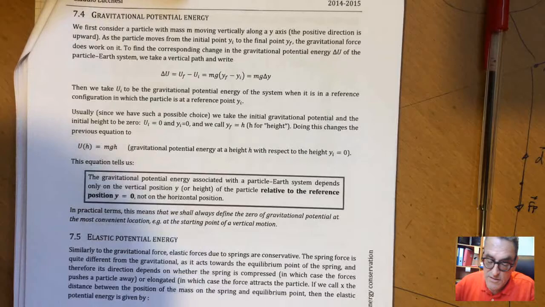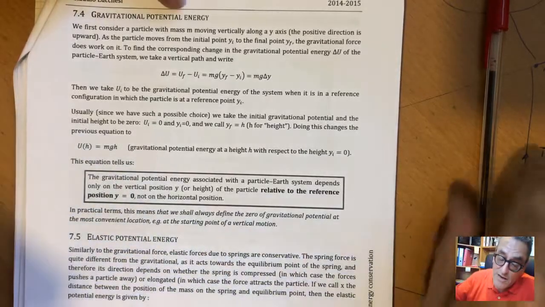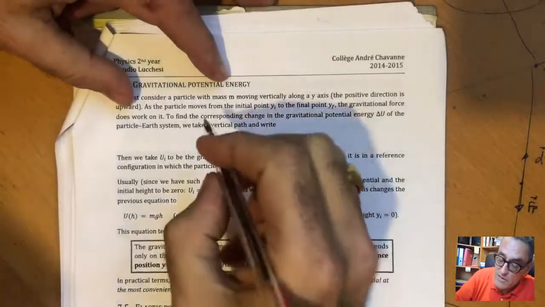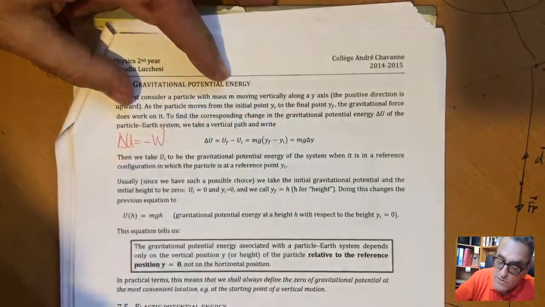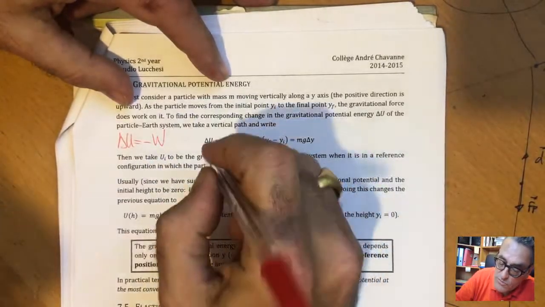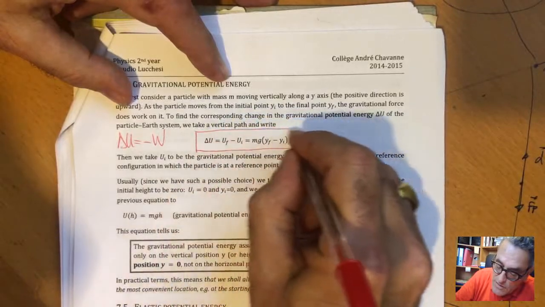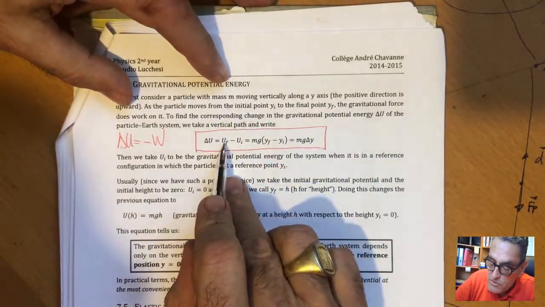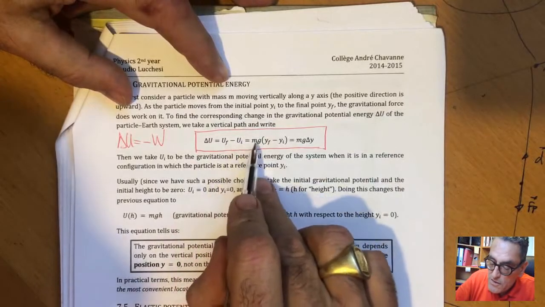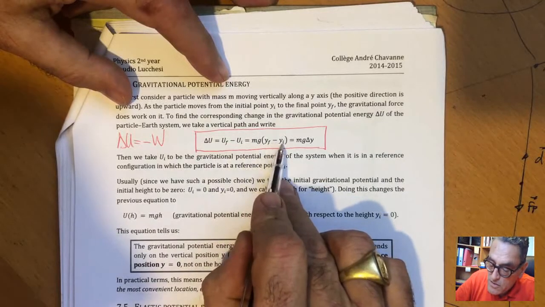Now let's get to the last theoretical section. I told you already about that. You remember we had delta U equal to minus the work of the gravitational force, and now you can express it in this way. The delta U, the final potential energy minus the initial energy, is mg times the final height minus the initial height.